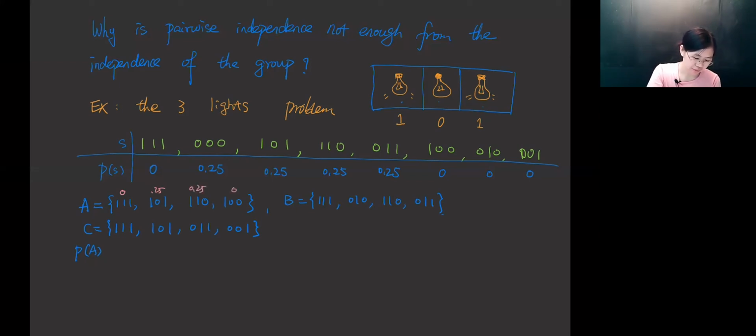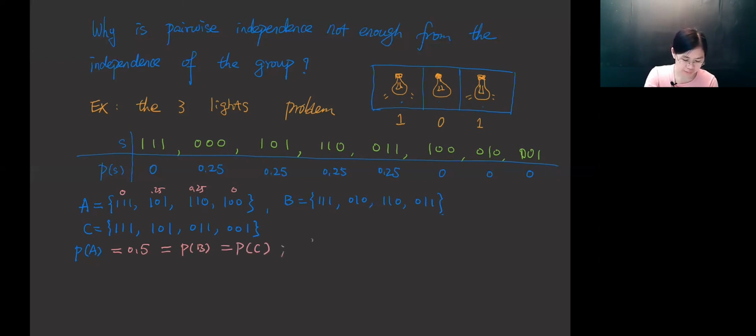So therefore, P of A equals 0.5. And we can do the same calculation for P of B and P of C, and they are all equal to 0.5.